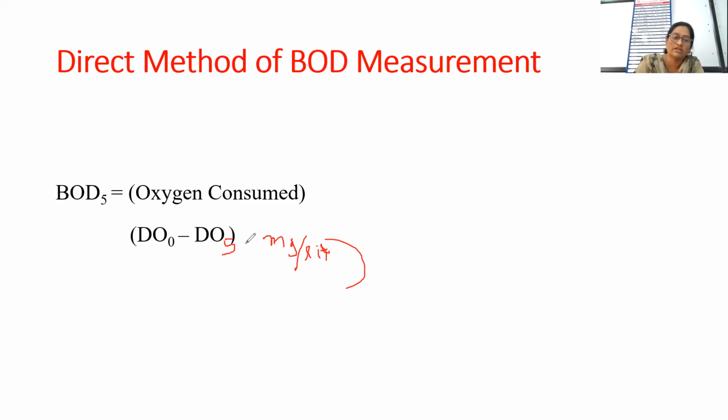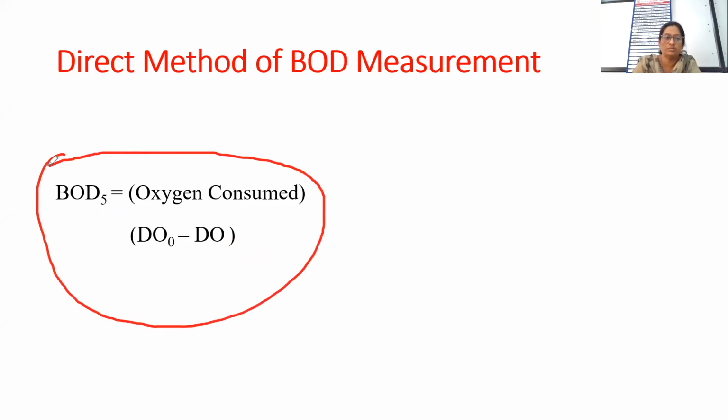Because here we have taken 5 days, we have written the suffix 5. If I have taken this test on the 3rd day at 25 degrees Celsius, I can write BOD3. Okay, so this way. So I request everybody to note down this formula, please.